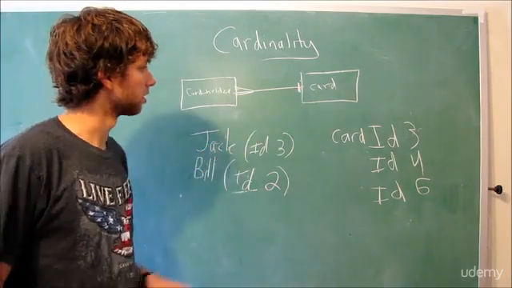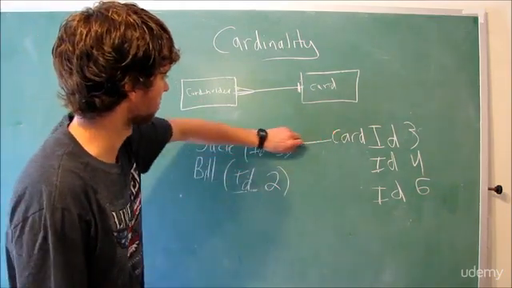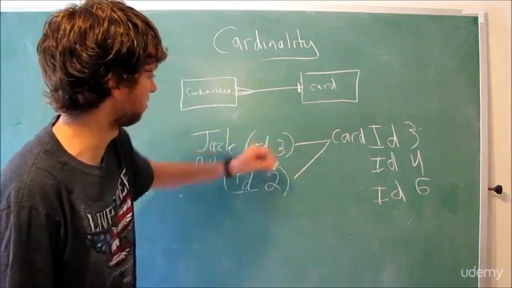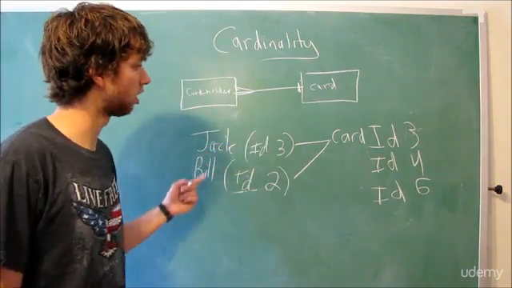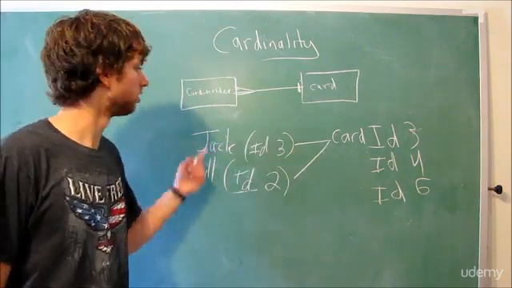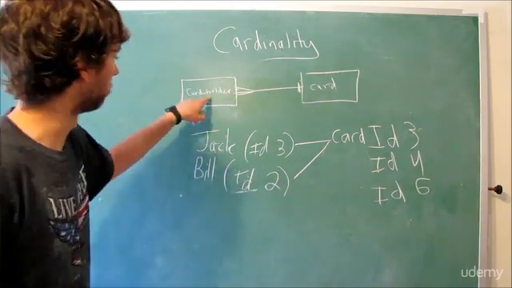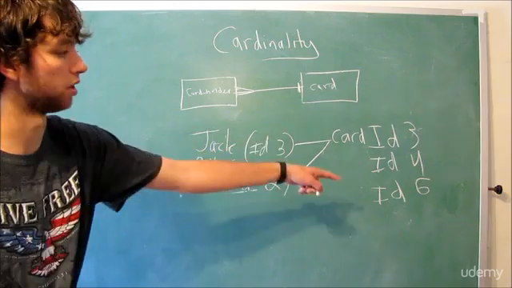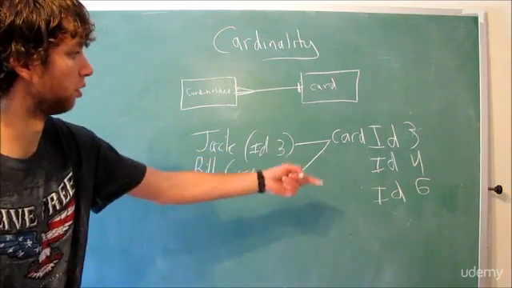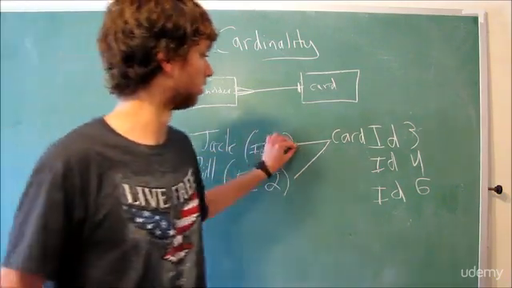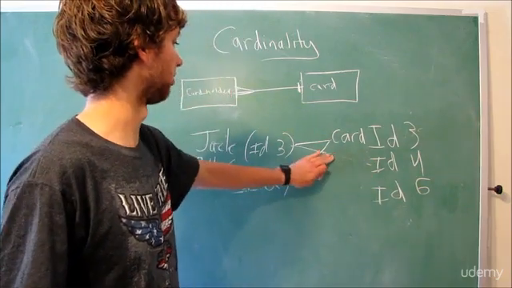Well, we can have one card attached to many people. So this card could be attached to many people, which means these people co-own a card. They're both the owner of one card. But now you have to realize an individual card holder can't be connected to multiple cards. So Jack cannot own another card. That's not going to work out.